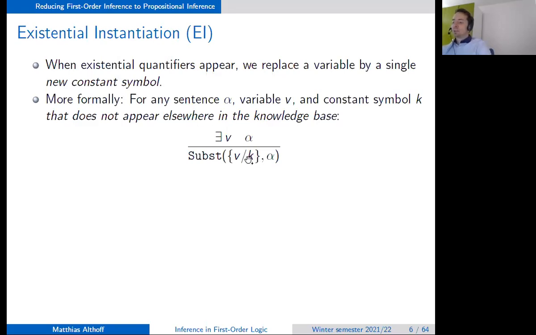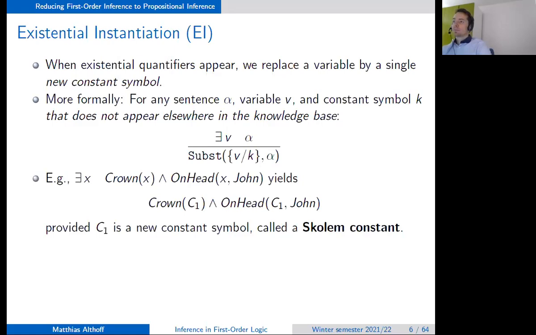So it has to be a new symbol. That's very important. For instance, here we have there exists x, where x is a crown and it's on the head of John. I can introduce a new constant C1. And then I can say, okay, C1 is a crown and it's on the head of John. This new constant is also called a Skolem constant. We will use this term again later on.